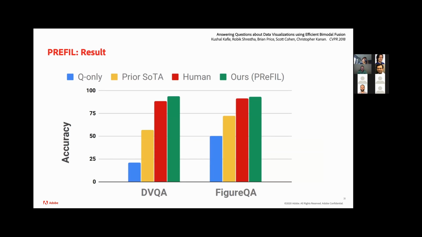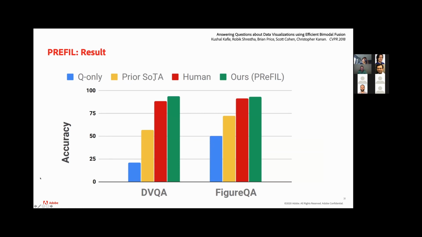Now to look at the results, we looked at question only. If we only feed it the question without any image, for DVQA we don't do that well. For FigureQA you can get 50% because all the questions are yes or no, so you have a 50-50 chance.